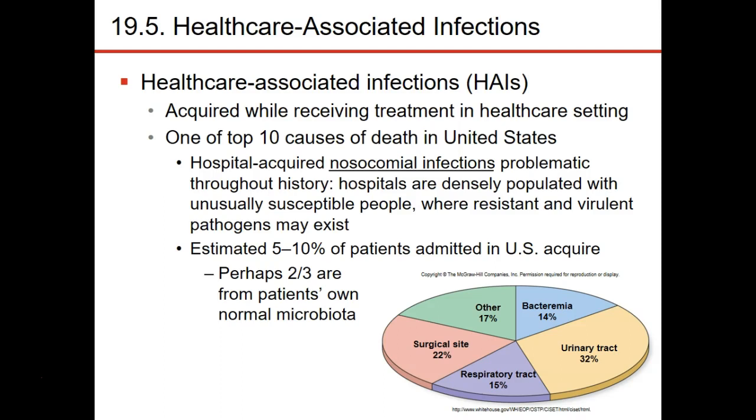And healthcare or nosocomial infections are often spread by either a patient's own normal microbiota or by other sick patients, because when you're at a hospital, typically you are already immunocompromised.